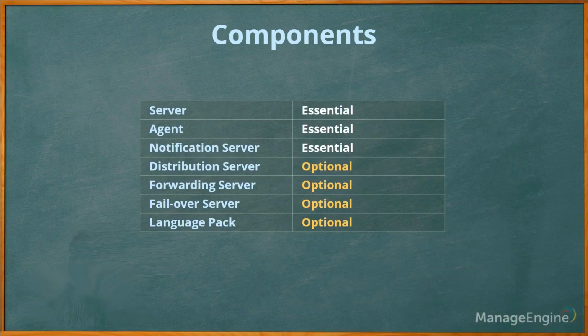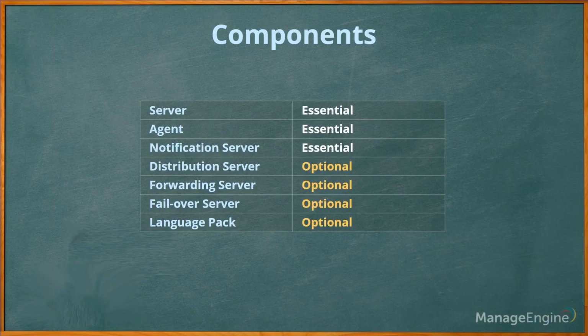Okay. So these are all the components used by Desktop Central. We have already discussed the server, agent, distribution server, and forwarding server. But the notification server, as you see here, is also an essential component. The notification server plays an important role in any on-demand task and in tools like remote control, especially.